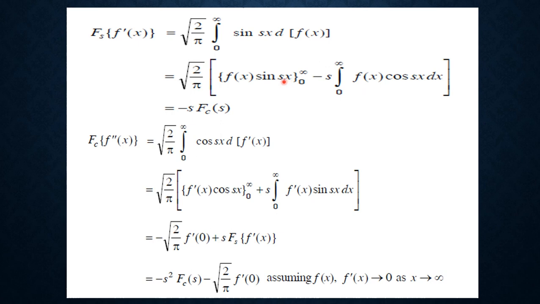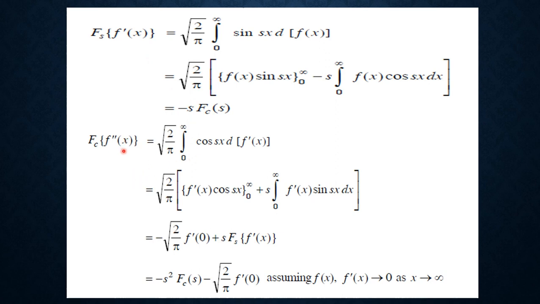As sin 0 is 0 and f(infinity) is equal to 0, this term is 0 and only this term exists, that is minus s, and this is the cosine transform of f, that is minus s F_c(s). This is the first order derivative of the Fourier sine transform.